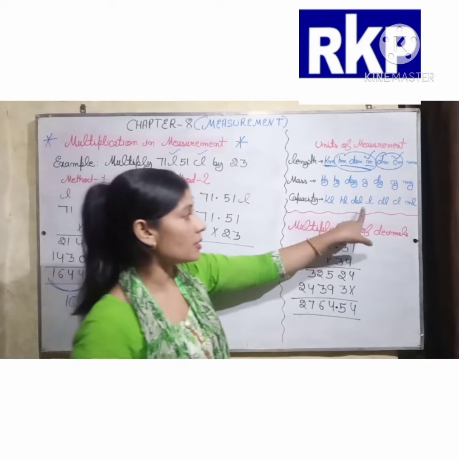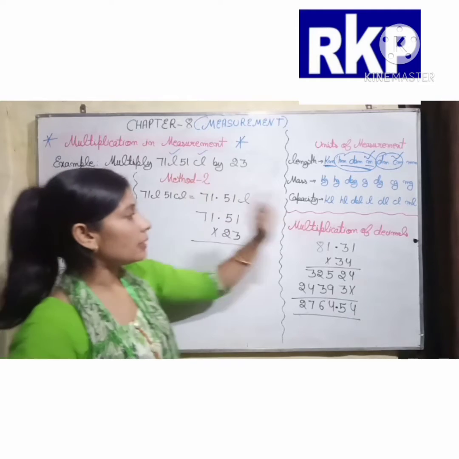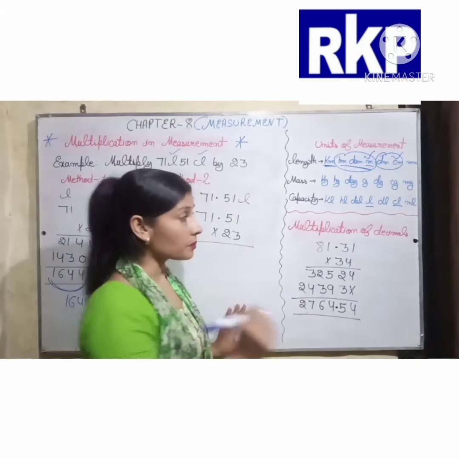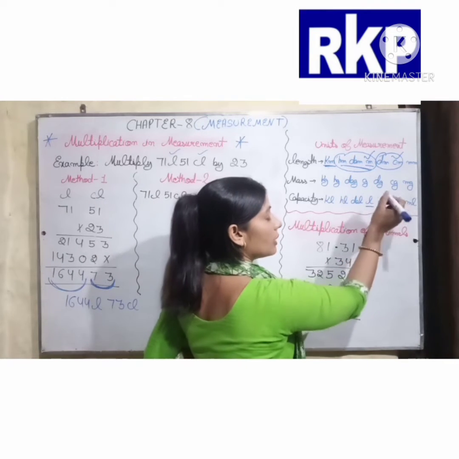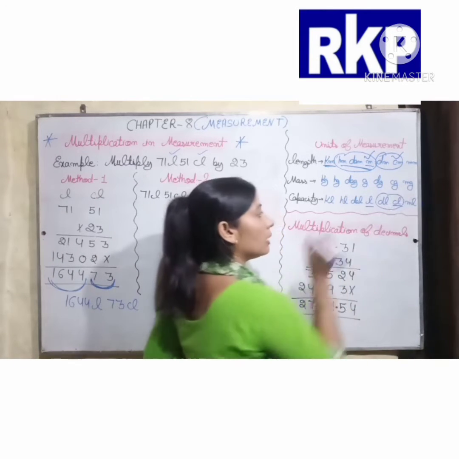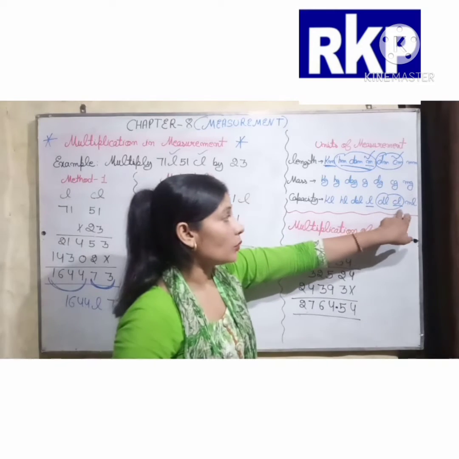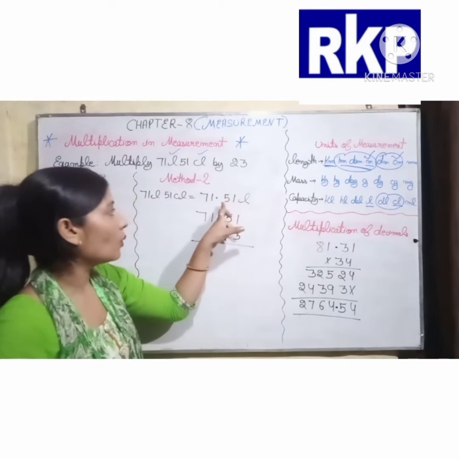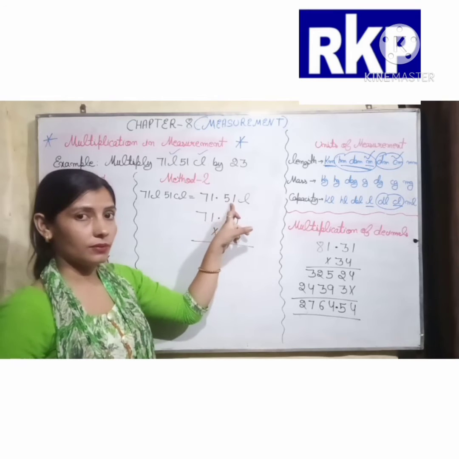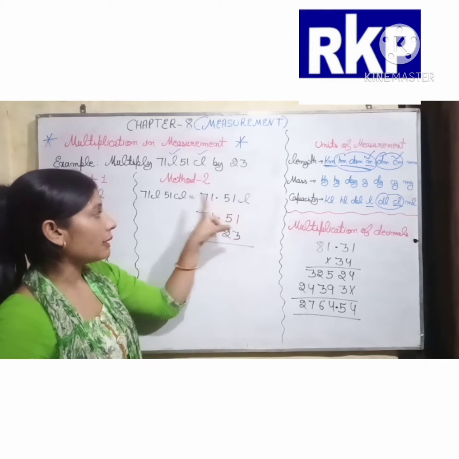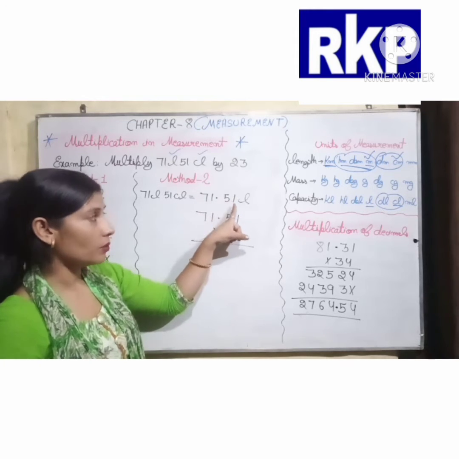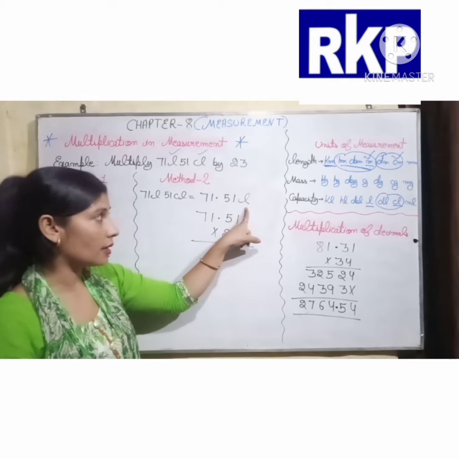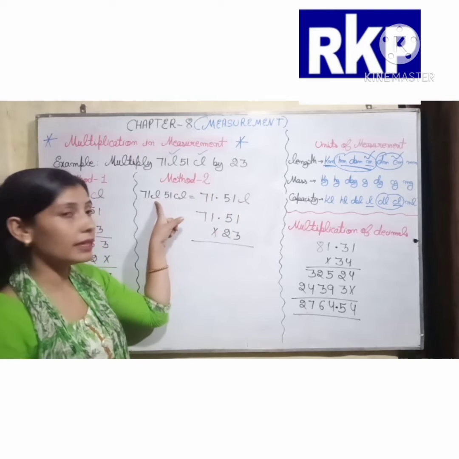Because here you can see liter and centiliter. From liter to centiliter we have only two units, so for these two units we should have only two digits. So we write 71.51 liters, because here we write the greater unit.